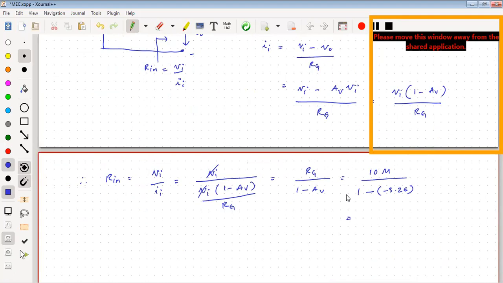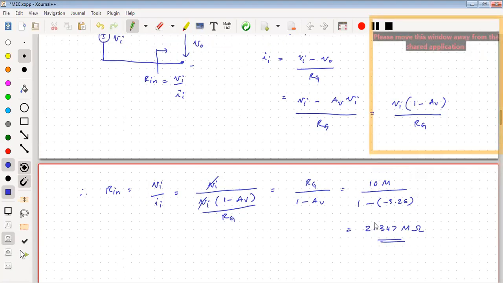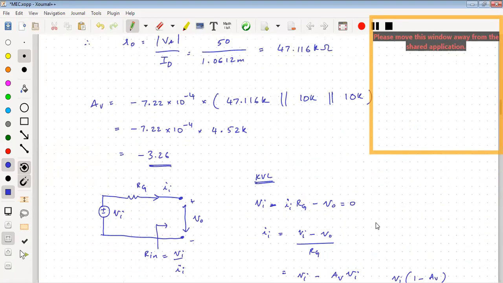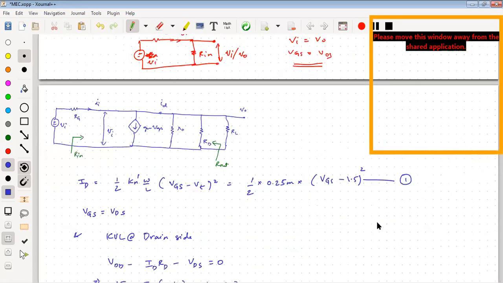You will get 2.347 mega ohm. So this is your Rin value. Rin value I found out using the Av value. So this is how you solve this problem.